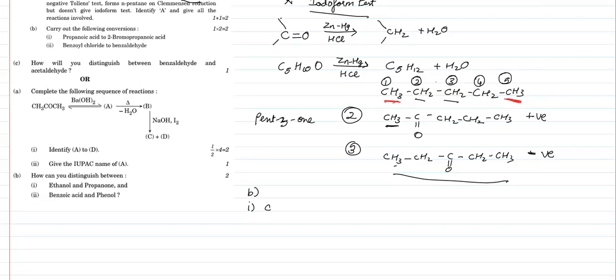So that is CH3, CH2, COOH gives rise to CH3, CH, COOH, and a 2-bromo, because COOH is the primary group. Bromine gets, so this becomes 1, this is 2. So 2-bromopropanoic acid. So we have to convert this to this.